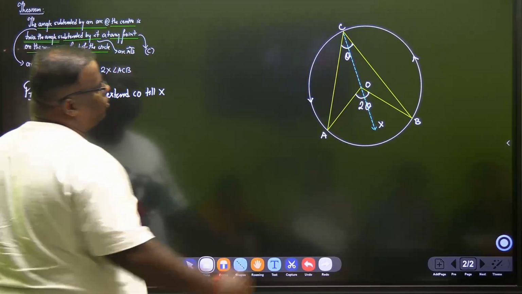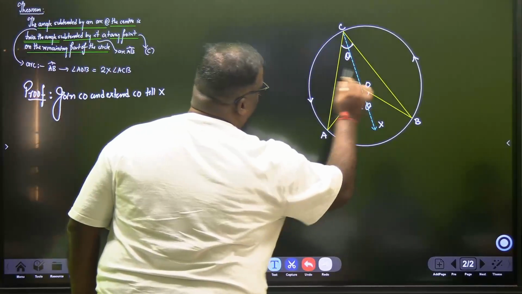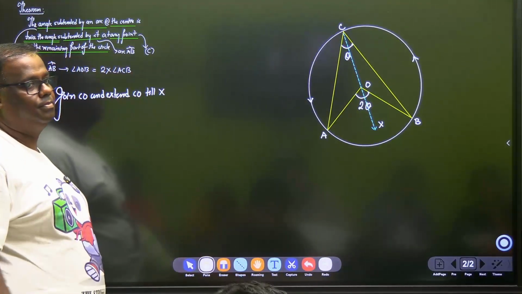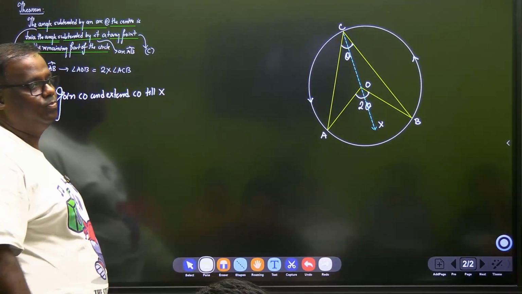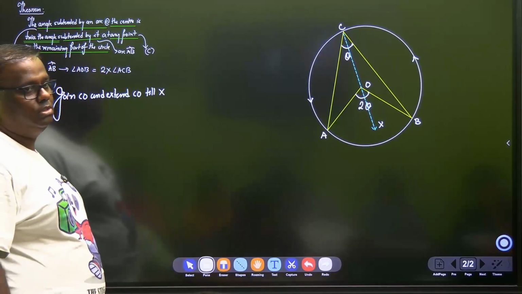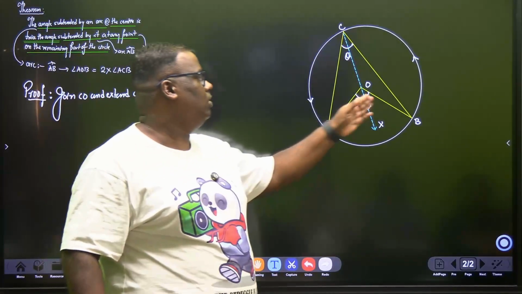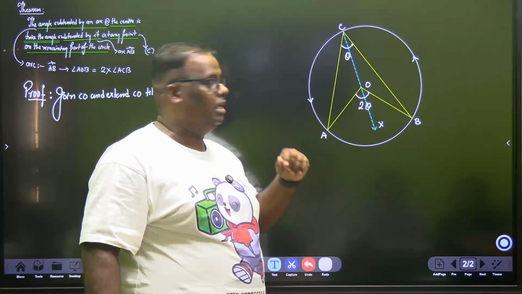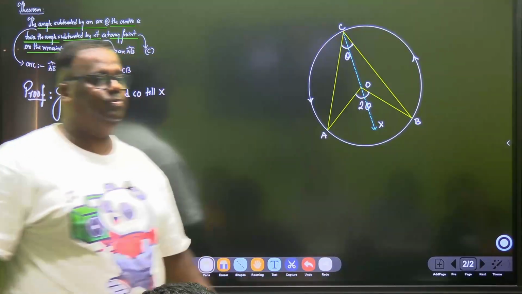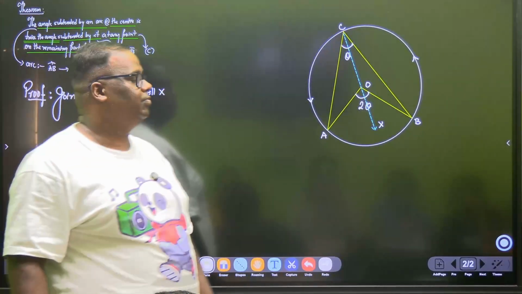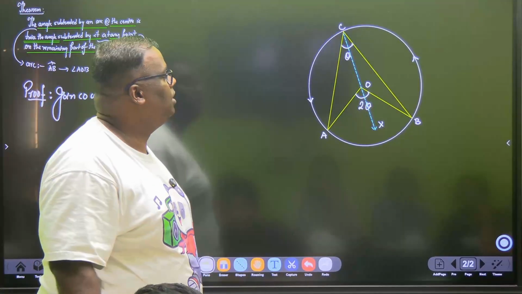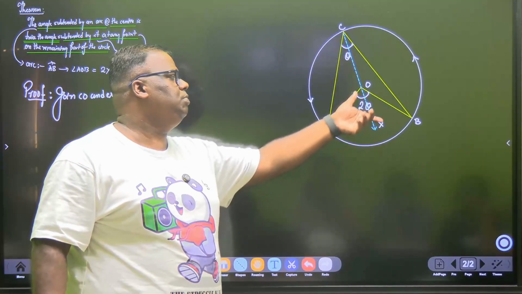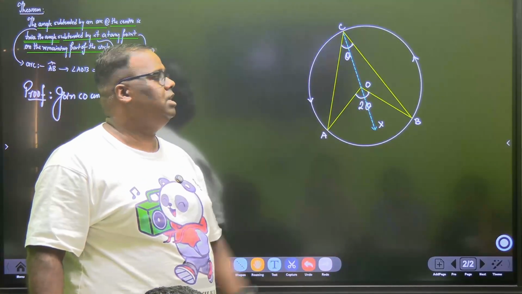Can you prove congruence of these two triangles? Will it be congruent? This side is equal to this side. This one is common. And anything else? Yes, AO equal to BO, that we know. AC is the same.